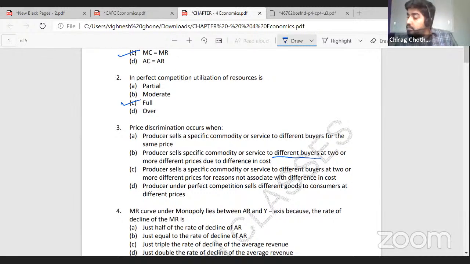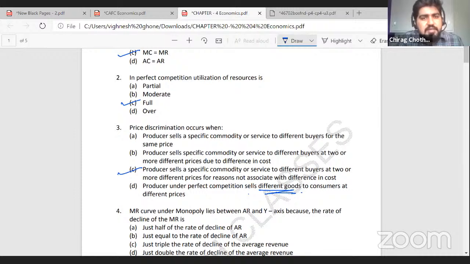Producer sells a specific commodity or service to different buyers at two or more different prices at reasons not associated with difference in cost. Producers under perfect competition sell different goods to different. See, selling different goods is not important. Different buyers, we are selling at different prices. That is important. And let me tell you one more thing, students. That is not related to cost, right? Because cost of production will remain the same if you are selling the same goods. So between B and C, which one do you think is more reliable? I think C is the better one.